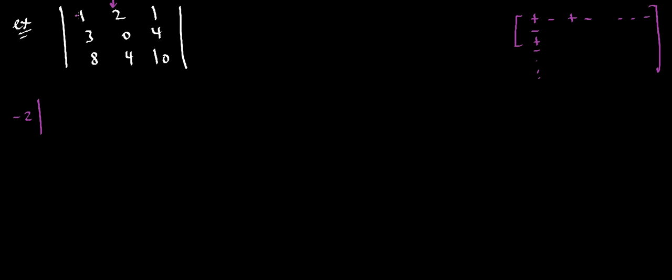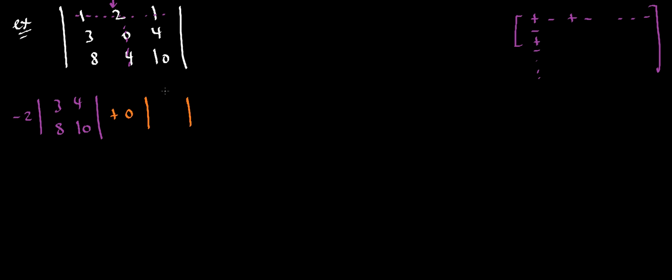Then I hide the row of the entry, the column of the entry, and I end up with the matrix 3, 4, 8, 10. Alright, move to the second entry of the column I picked, which is going to be 0, so it's plus 0 times the determinant of, and it doesn't really matter at this point what's the matrix in there, because 0 times anything is going to be 0.